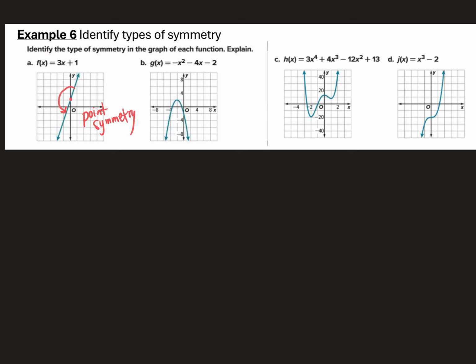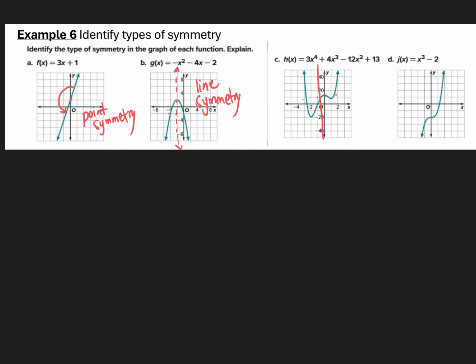Letter B. Can you draw a line down the middle and split that parabola in half? 1 unit, 1 unit, yes. So this one has line symmetry. Letter C. Can we draw a line down the middle and map 2 units this way and 2 units this way?